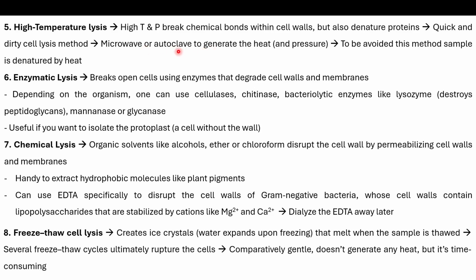Autoclave we looked at in the last tutorial also, but this should be avoided when the sample is denatured by heat. When I was talking about protein prep, during purification, many proteins are sensitive to high temperatures, so heat actually denatures the proteins. This high temperature denaturation is also used for preparing protein samples for electrophoresis.